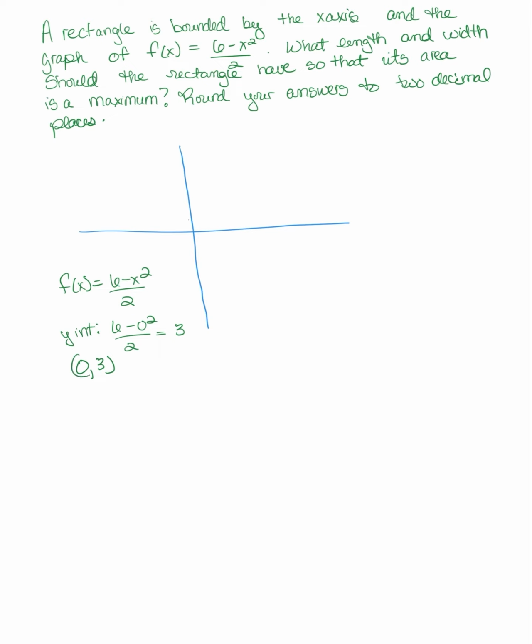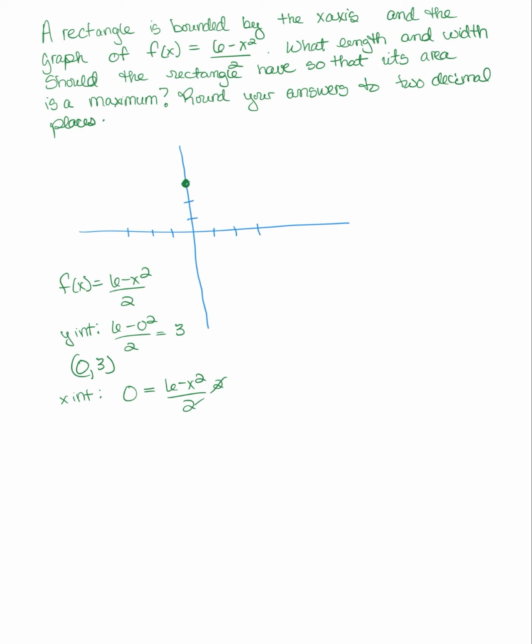So if we have, let's see, 1, 2, 3. Okay, so right here, this is our y-intercept. And then now let's get our x-intercepts. That'll be when y equals 0.